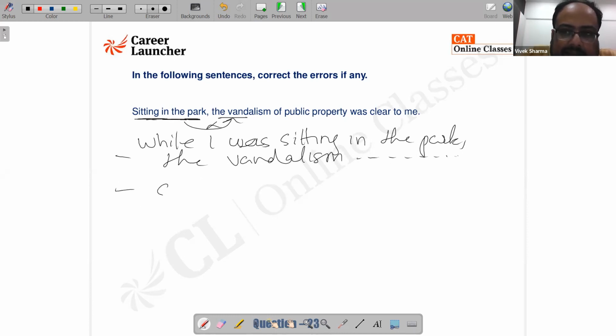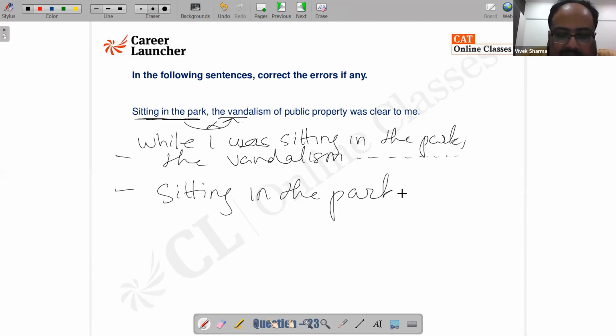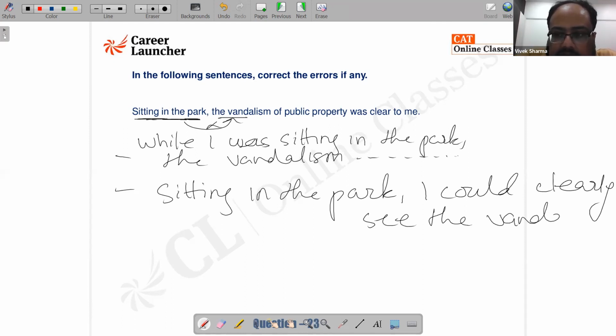Or else I can say, Ritik, it means destruction, unwanted destruction. And when you spoil something unnecessarily, that is vandalism. That is for no reason at all. Destruction or spoiling something. Or else I can say sitting in the park, I could clearly see the vandalism of public property.